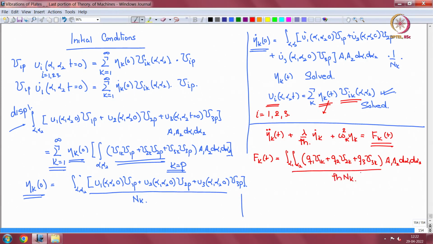This will come up repeatedly. Each of these is a function of alpha 1, alpha 2 and time. So alpha 1, alpha 2 get integrated out, and f k is a function of time.